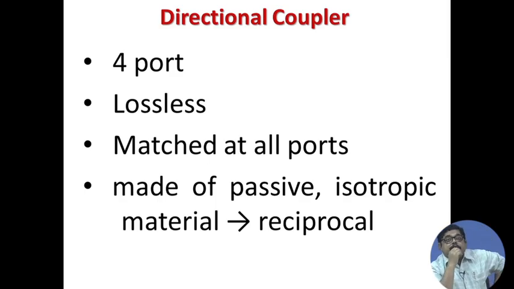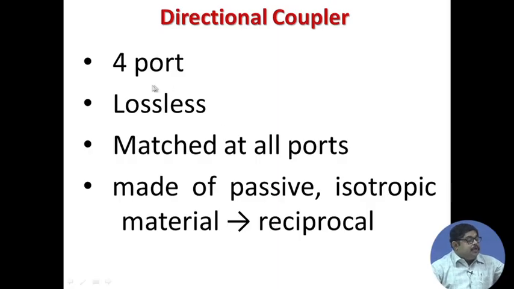Instead of 3-port, if we have a 4-port, that is called a directional coupler. It has 4 ports, it is lossless, matched at all ports, made of passive isotropic material, so it is reciprocal.